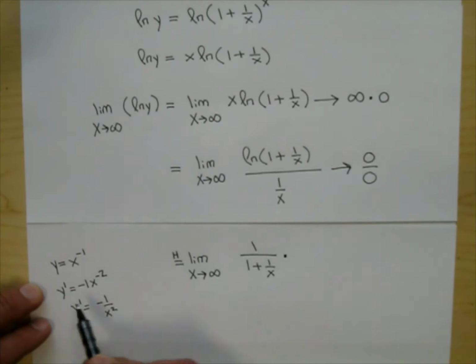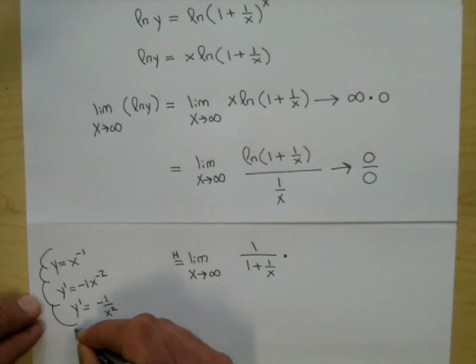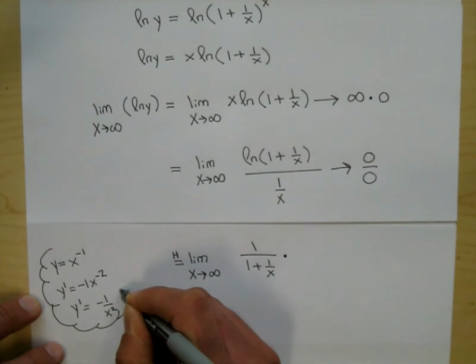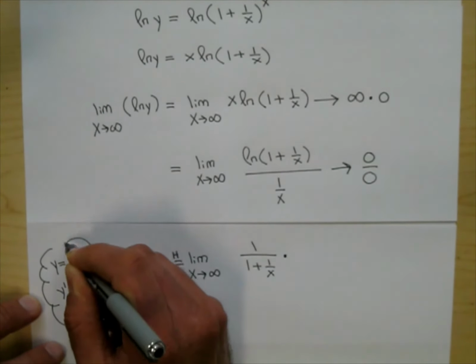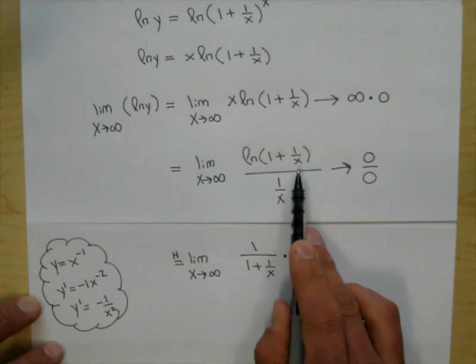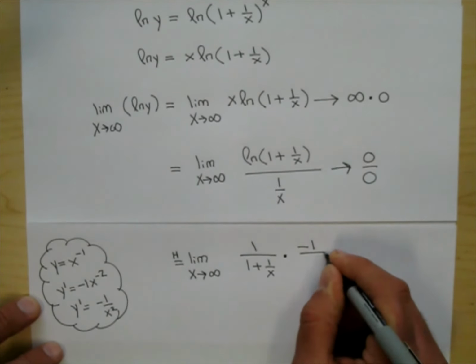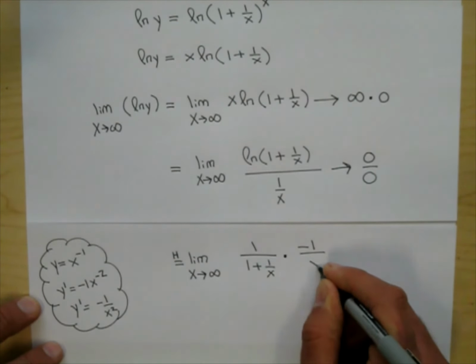This is a different y than we have in our problem here. This is just in a little cloud. You may have done these enough to see what the derivative is. So the derivative of the 1 plus 1 over x is really negative 1 over x squared.